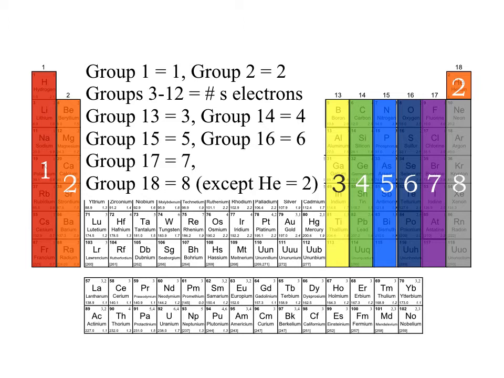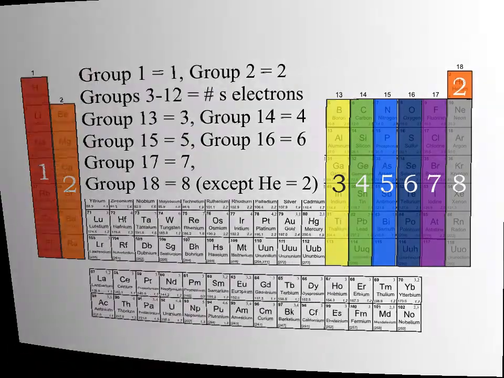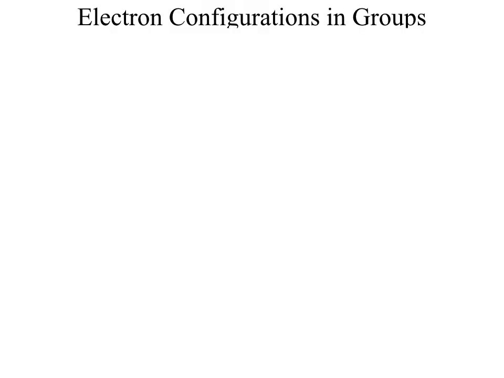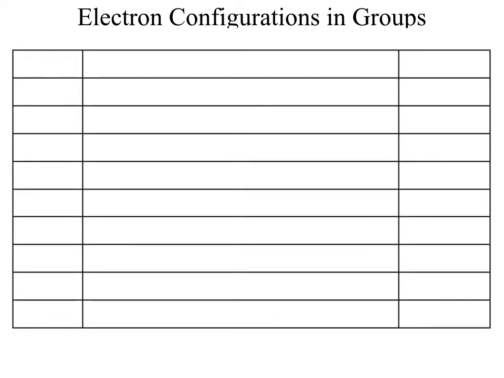Now, groups 3 through 12 are going to be the s electrons. They are found in the d sublevel, but they only have outermost s electrons as their valence electrons. On this table, I'm going to give you a tabular explanation of what I just said.